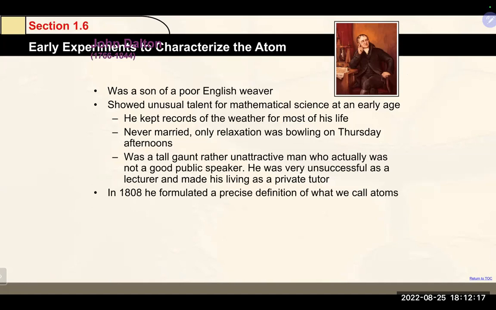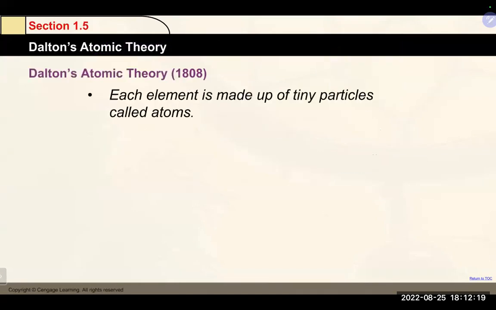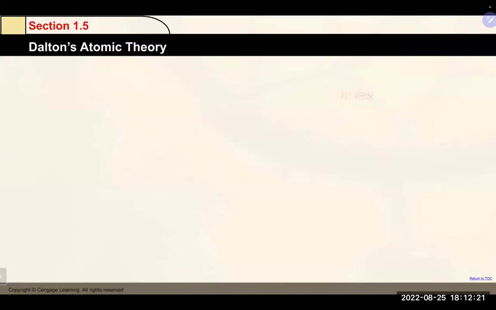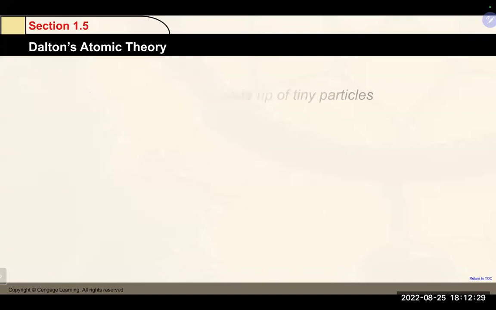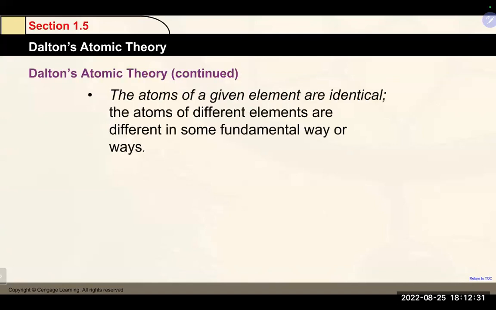There are several parts to Dalton's atomic theory, and we're going to talk about each of them here. He said that each element is made up of tiny particles he called atoms. He also said that atoms of a given element are identical to each other and different from atoms of another element in some fundamental way.